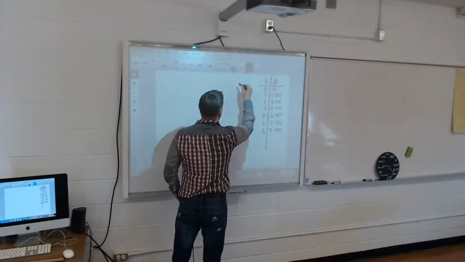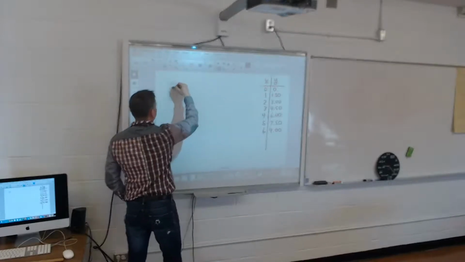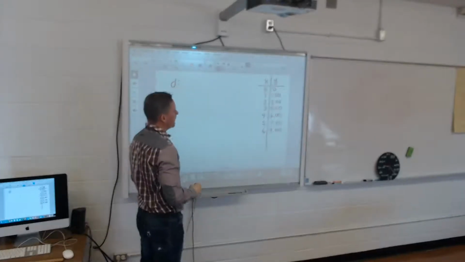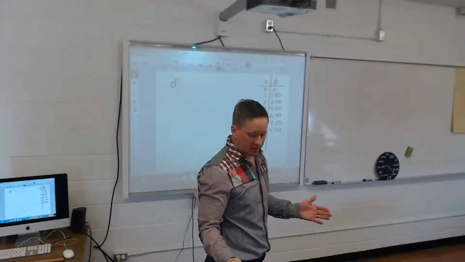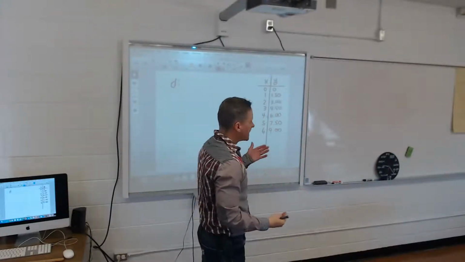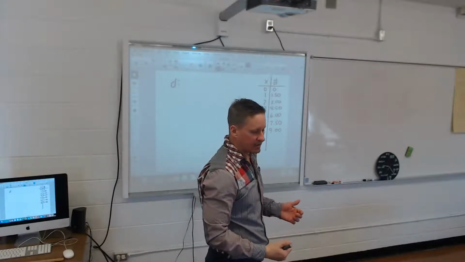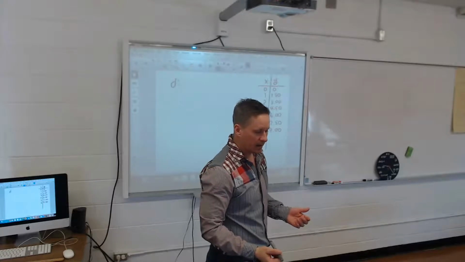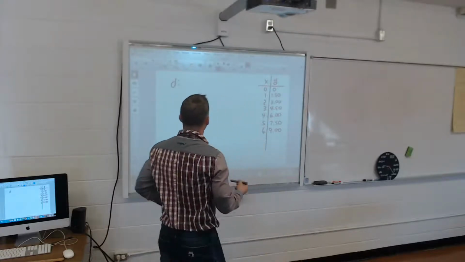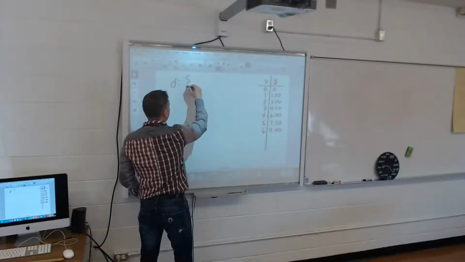Now, therefore, there's 2 things that we need to recognize. Number 1, the domain for this graph. If you only have $10 to spend, the maximum number of bars you can buy is 6. The minimum number of bars you can buy is 0, right? So my domain, I can write it like this.